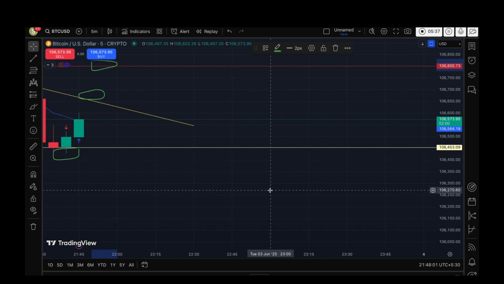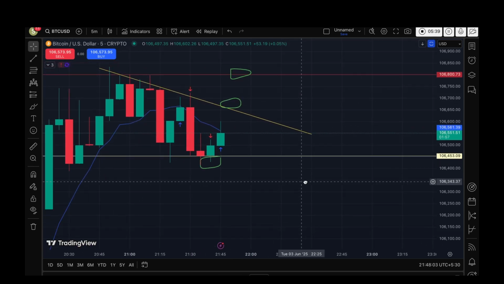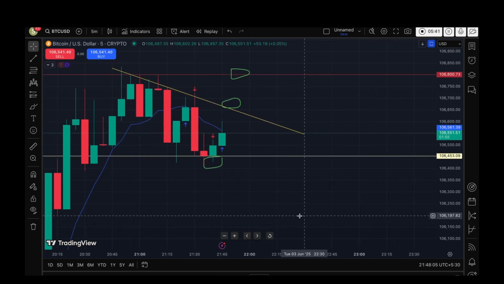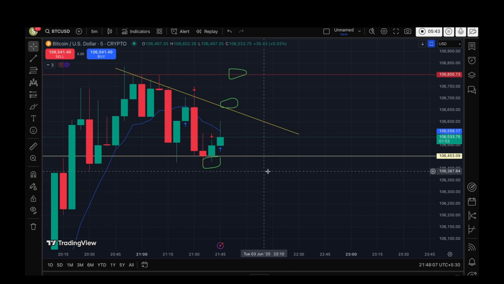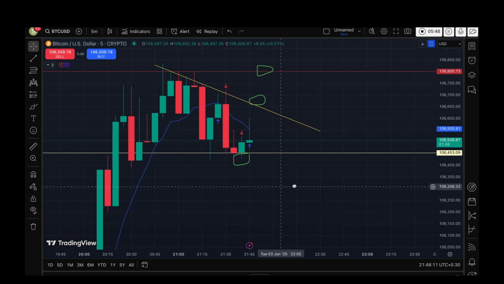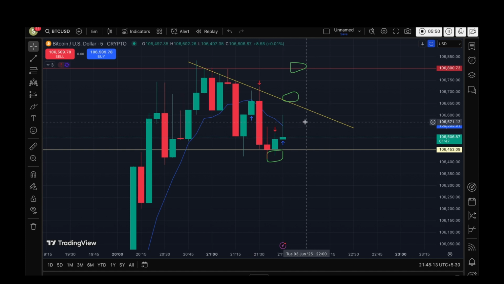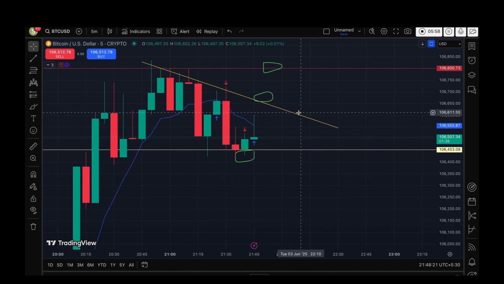because the market is not moving, it's going up and down within this range. We're not able to see. After hitting our SLs, again it is going in the downside.